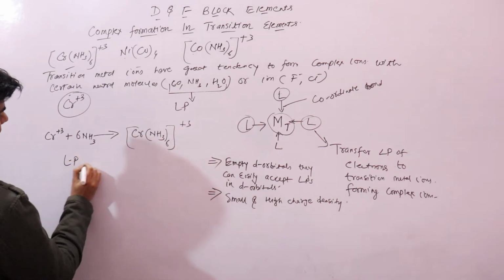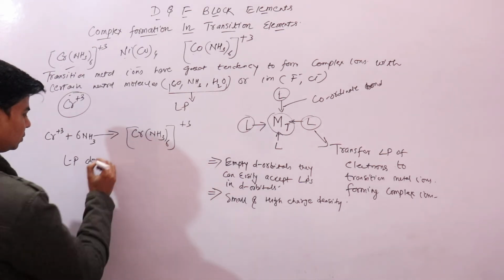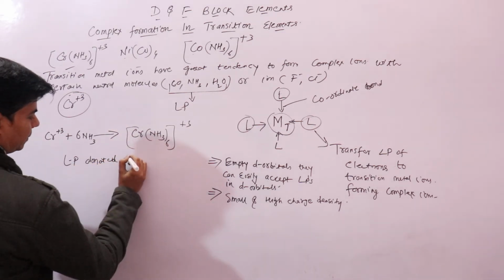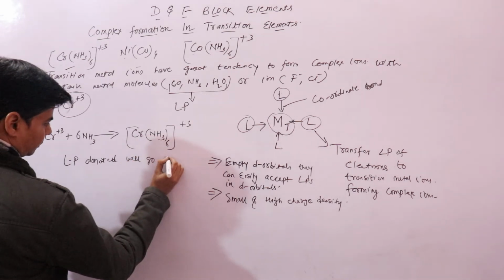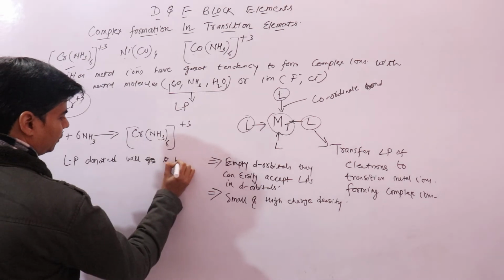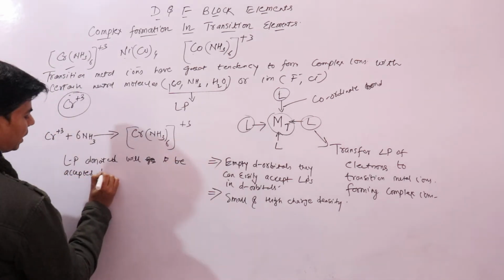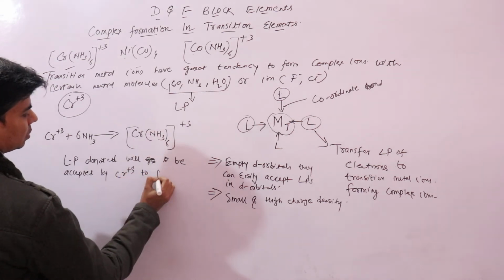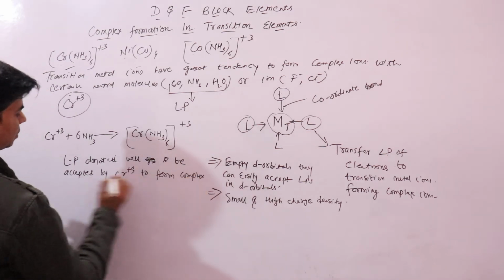We know that nitrogen has a lone pair of electrons which would be donated. The lone pair of electrons donated will be accepted by Cr+3 to form this complex compound.